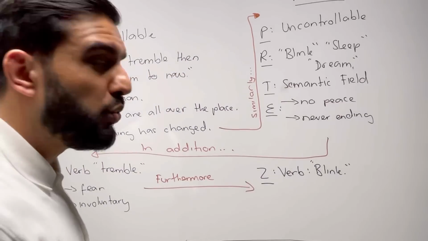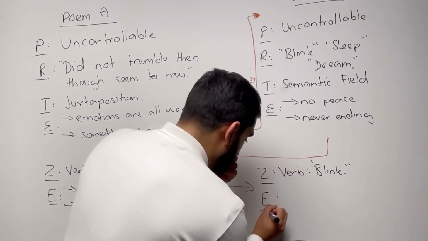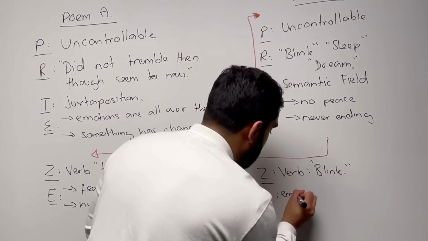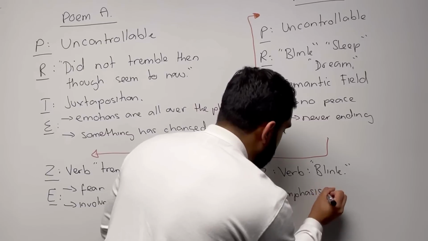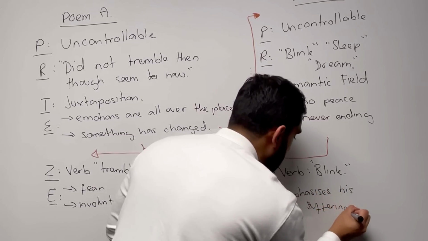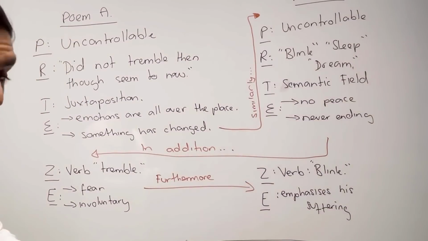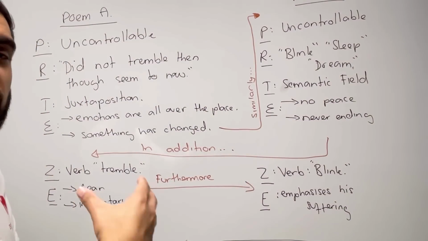So guys, very quickly, I'm just going to make one point for this one. For my explanation, I'm going to make a note. It emphasizes his suffering. Now, of course, when I do my paragraph, I'm going to add detail to all of this. But this is just a plan.